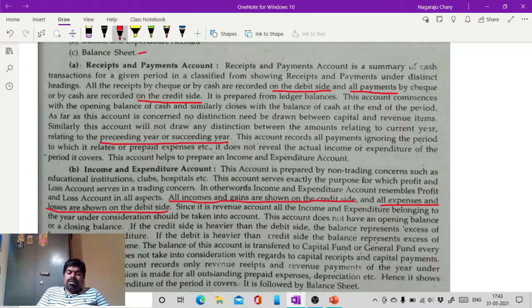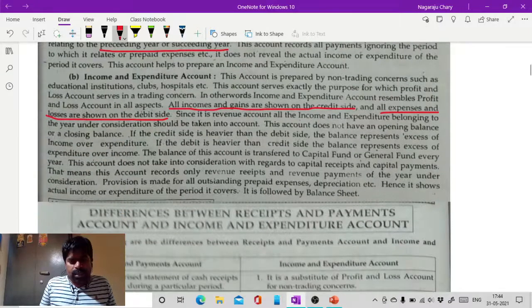Whatever the expenses and losses are, they are to be debited to the income and expenditure account. Incomes and gains are to be recorded on the credit side.